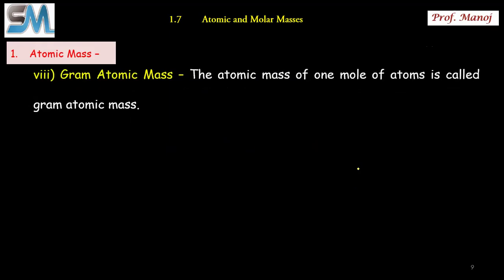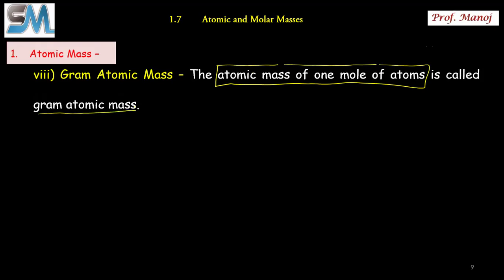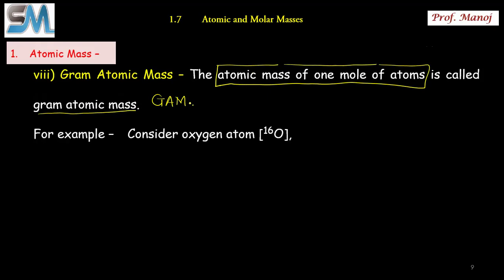We now define what is known as gram atomic mass. And what is that? Atomic mass of 1 mole of atoms. Very, very important thing. Atomic mass of 1 mole of atoms is known by the name gram atomic mass. People usually write it as GAM. May not be clear. We will explain it with an example.